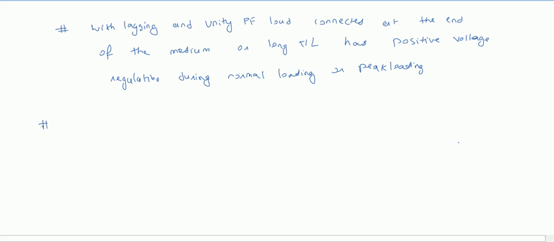And the other thing was that zero regulation or negative regulation can come only in case of leading loads.